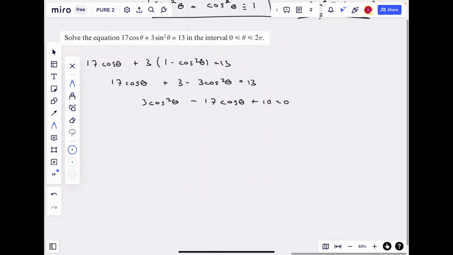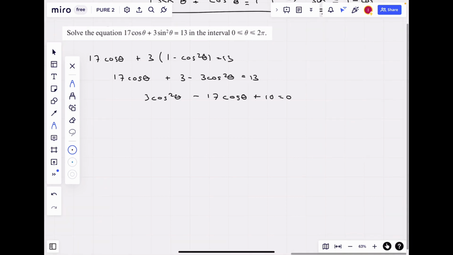And now, putting it into brackets. So 3 cos minus 2 and cos minus 5. Both equal 0. So that means we have two solutions. 2 over 3 equals cos theta, and cos theta equals 5.